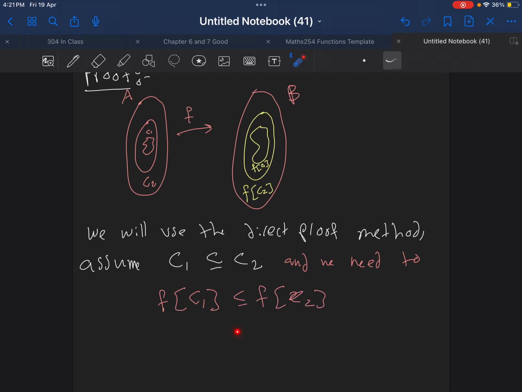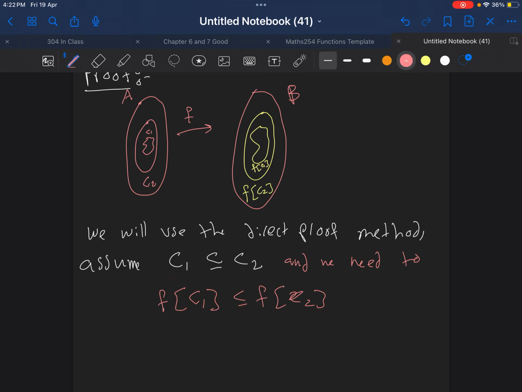Now, if you remember, if we have a subset relation and we want to prove that one set on the left is a subset of a set on the right, we can again use the three methods of proof: direct proof, indirect proof, which is contrapositive, or contradiction.